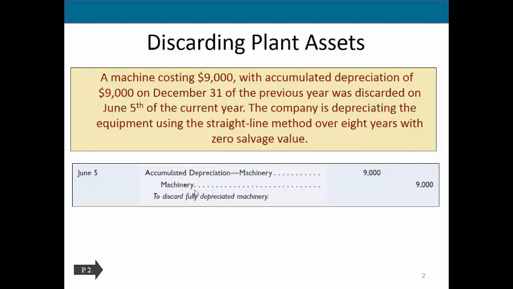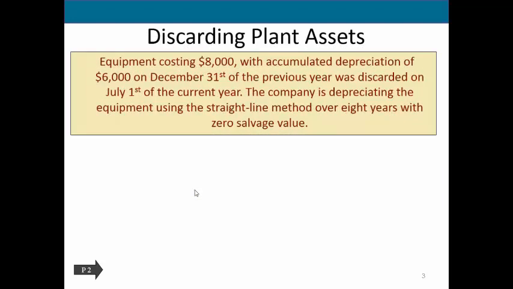We need to get rid of that along with the asset that it was related to. If you'll remember, accumulated depreciation is a contra asset, and so it was on our books as a credit. So to get rid of it, we're simply going to debit the account, and that'll bring both of those accounts to zero to show the fact that we no longer have this asset.